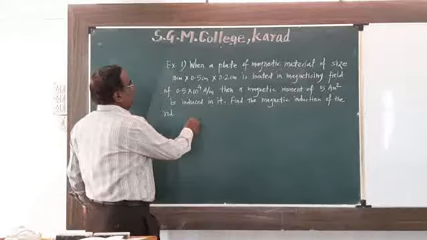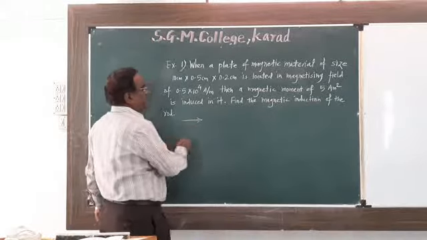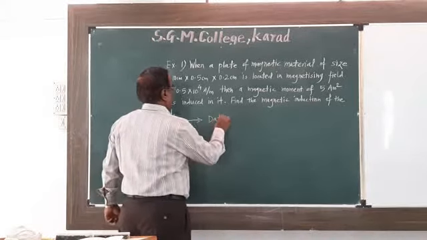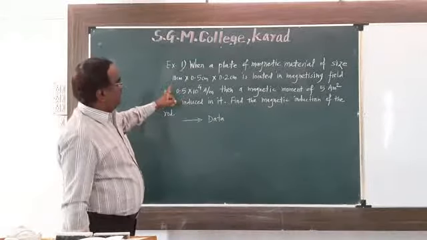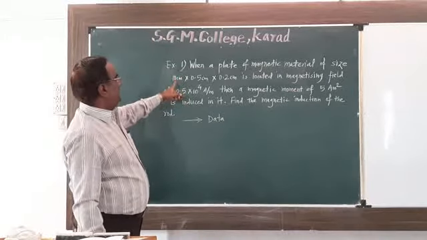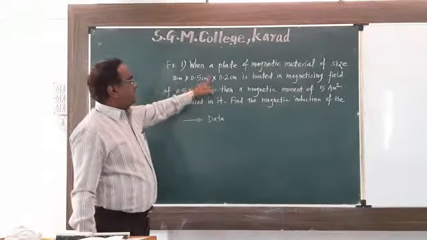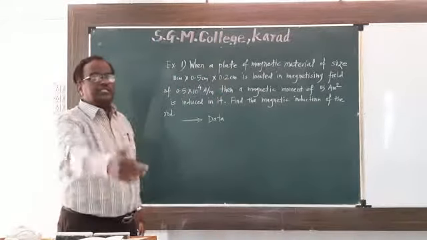Now, what is given in this example, we will write first. Data. The size of the plate is given: length, breadth and thickness. Then we will first determine its volume.